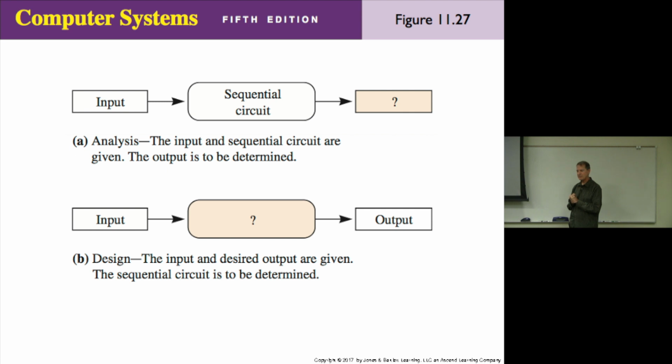And what do we have to produce when we analyze? The output, what happens as the clock pulse comes by. On the other hand, with design, we are given the input and the desired output, and we have to come up with a circuit.